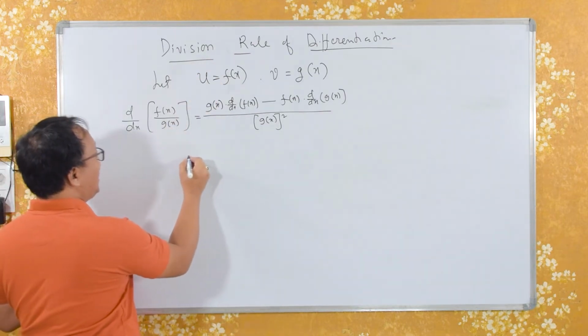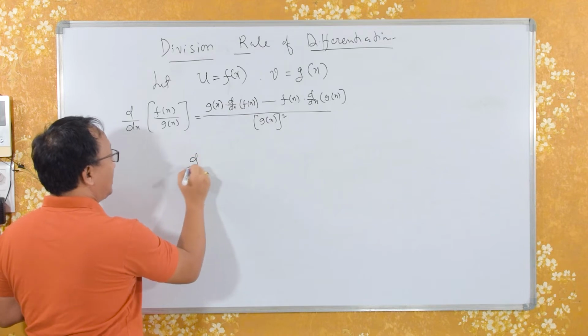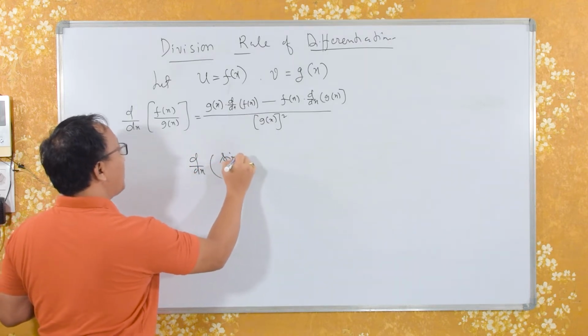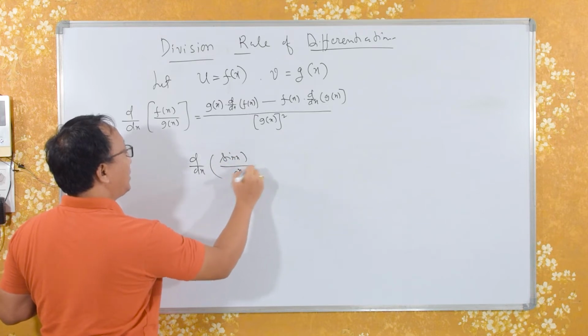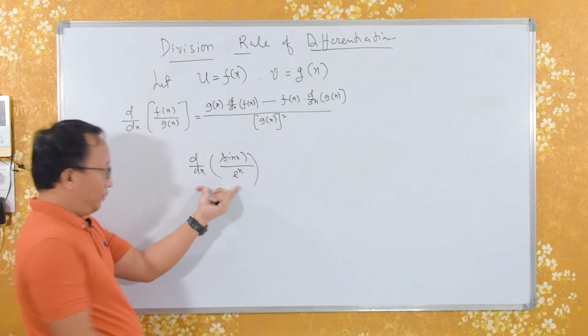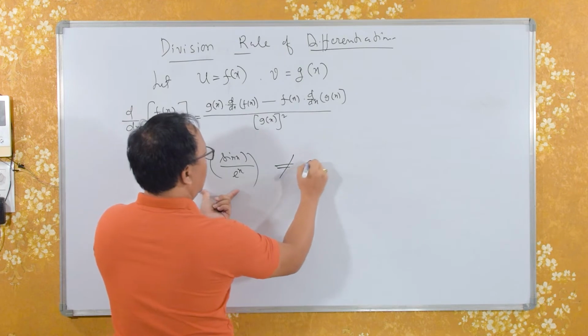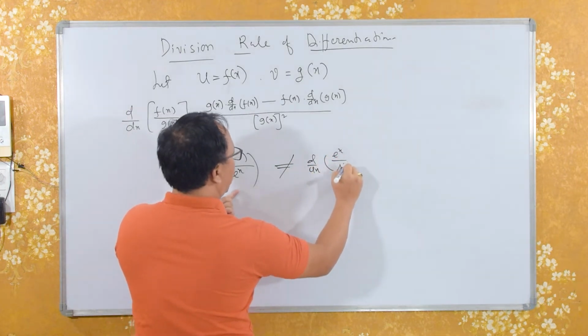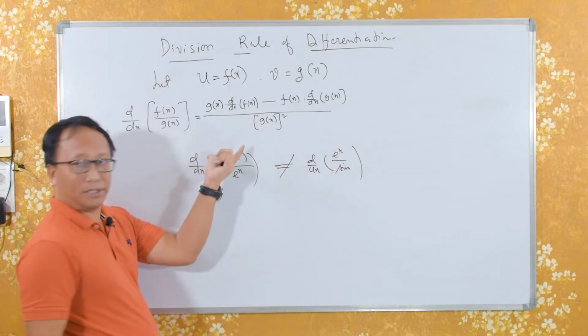Okay. Now in the division rule, you cannot change the order. For example, if I ask you to differentiate d by dx of sine x upon e raised to x, it will not be the same as d by dx of e raised to x upon sine x in the division rule.